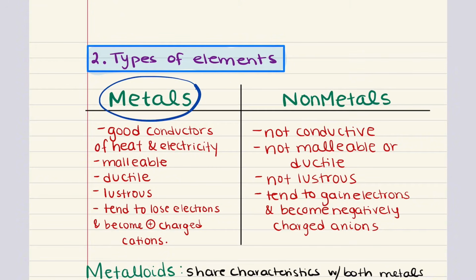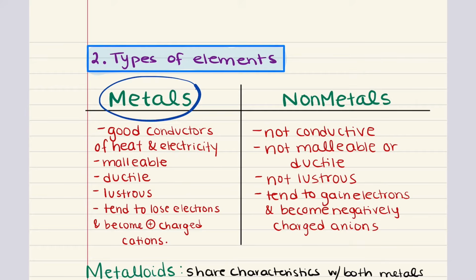Now, a key characteristic of metals is their ability to be deformed without breaking. Now, the ability to be deformed into rolls and sheets, all right, that is known as malleability. So malleability refers to the ability of a metal to be hammered or rolled into thin sheets. Now, ductility, this is another important property.